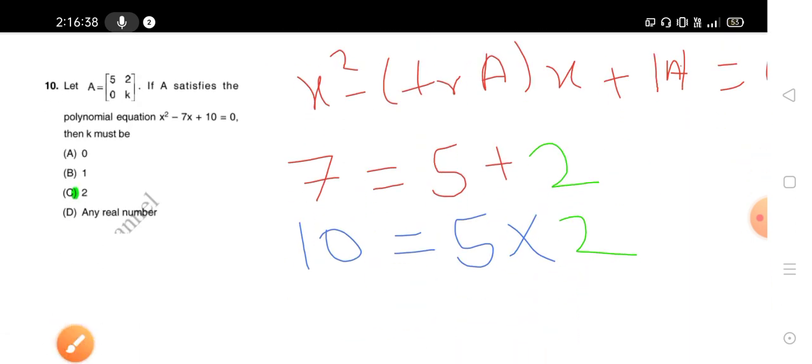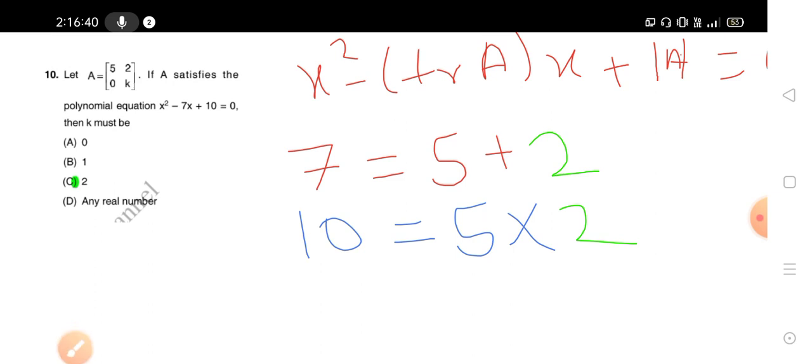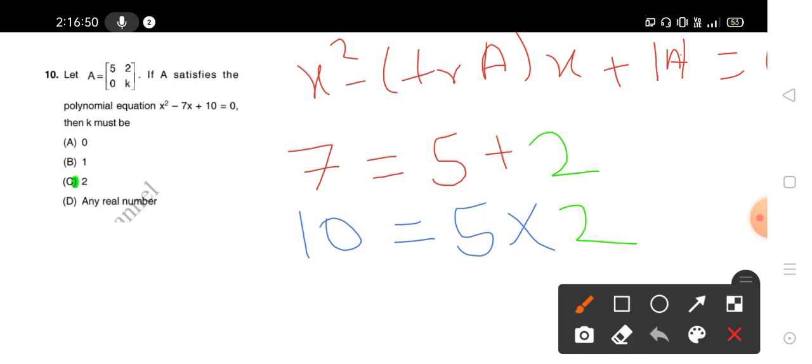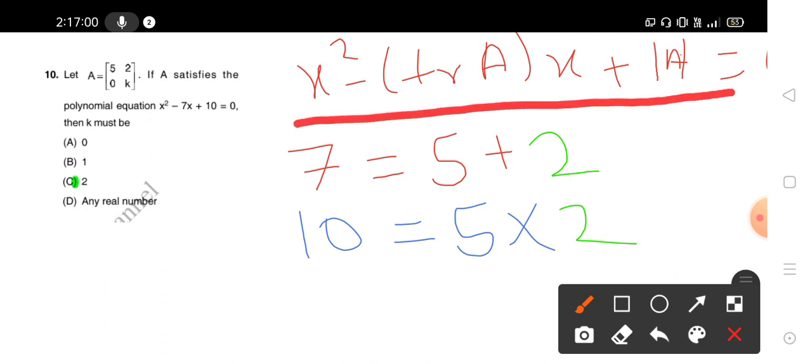Next question. Let A equal to (5, 0; 0, k). If A satisfies the polynomial equation x square minus 7x plus 10 equal to 0, then k must be. This is a shortcut formula to find the characteristic polynomial: x square minus trace of A x plus determinant of A equal to 0.